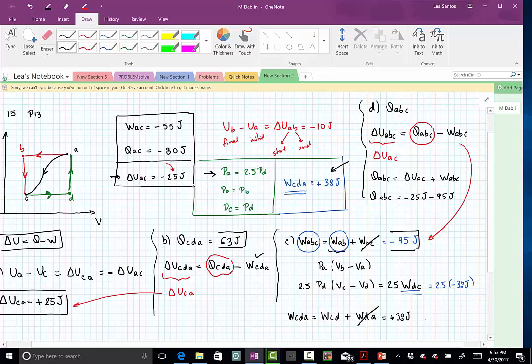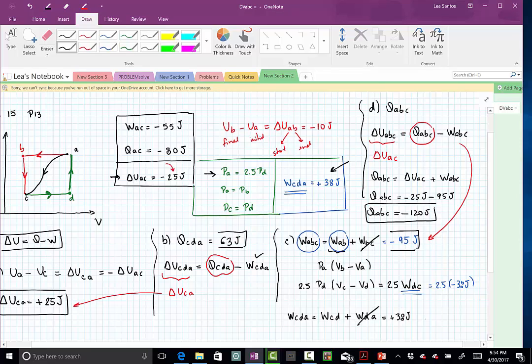You solve this equation and you find that the heat is minus 120 joules. All right, very good. So we have just one more, which is question E.